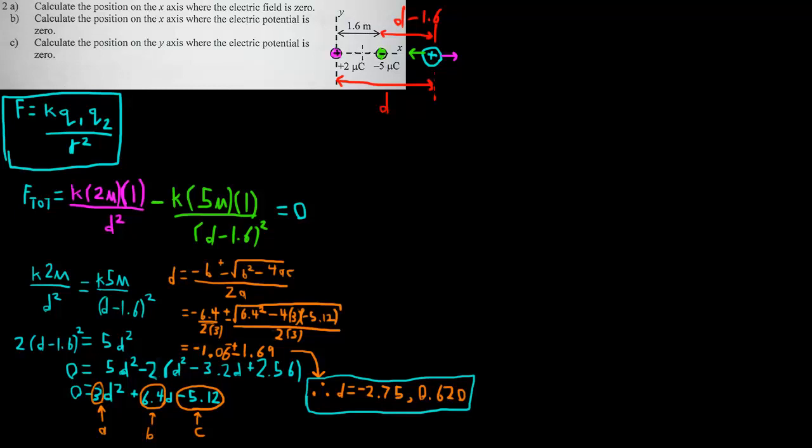So there's no point in between these two at which the force could possibly equal 0, because you're adding two forces that are pushing it in the right direction. Therefore, it cannot be 0.6, and it has to be only the distance of negative 2.75. And that's how we do part A.